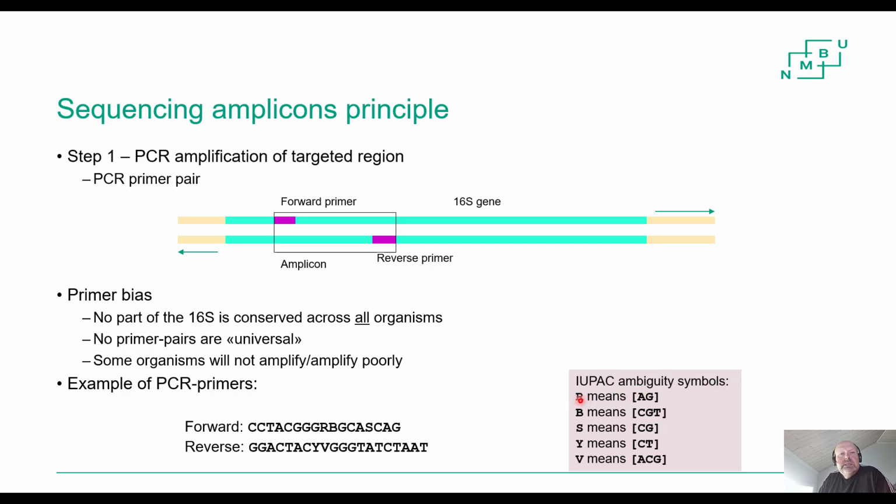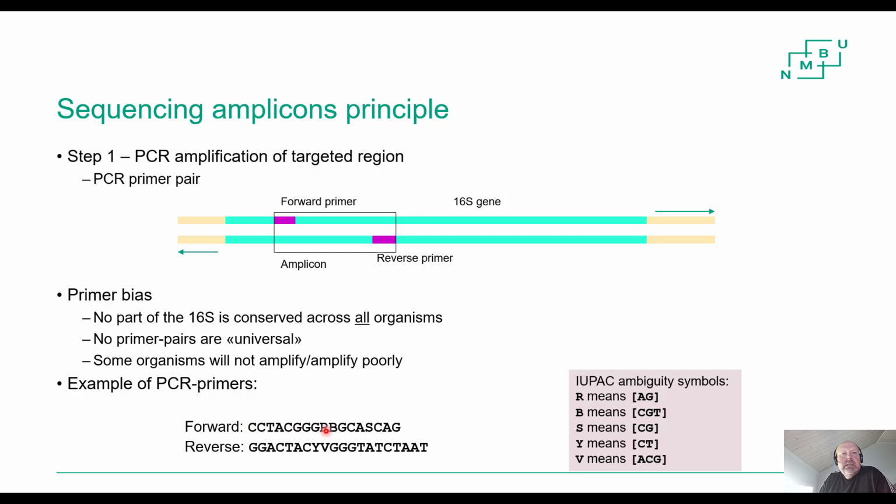And an R, for instance, that we saw here means either A or G. That's what this means. Either A or G. So it means that the forward primer here is not actually a single sequence. It's actually more than one sequence, because in this position you can have either A or G. Here, the B means these three. And here S means these two.